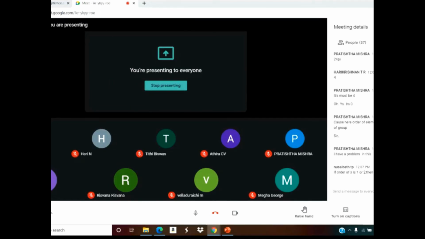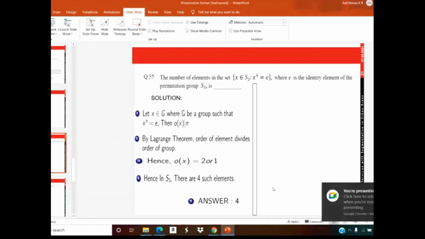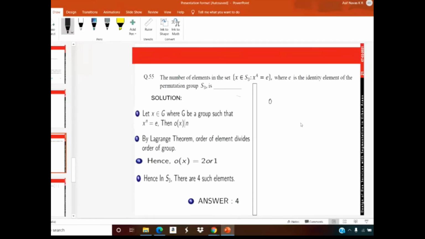Order of x, okay. If the order of x is equal to 1 or 2, then definitely x raised to 4 must be equal to e. Because I told you that if the order of x is equal to 2, then we already have x square equal to e, right?